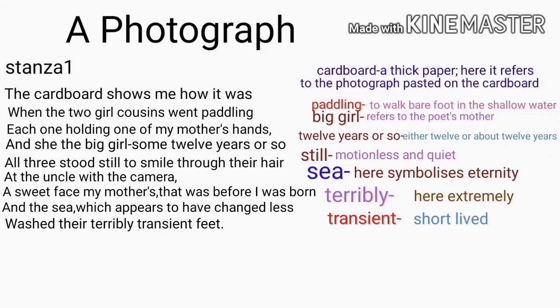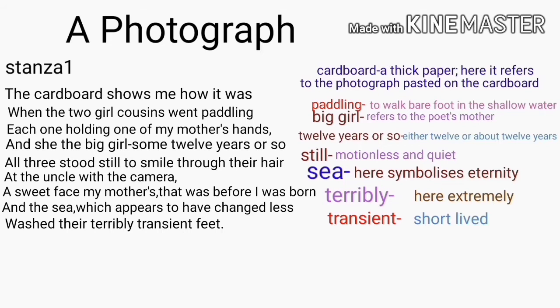Now, let's come to the literary devices used in this stanza. The poet has used alliteration, oxymoron, symbolism, and transferred epithet in this stanza. In the third line, my mother's hands. In the two consecutive words, my mother's, alliteration is used. What is alliteration?